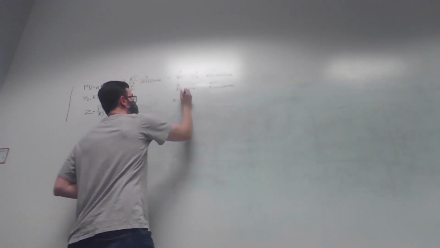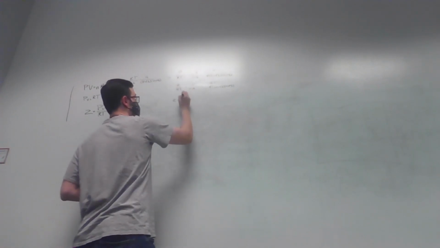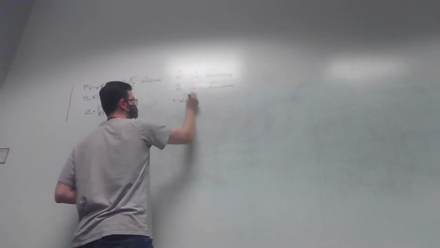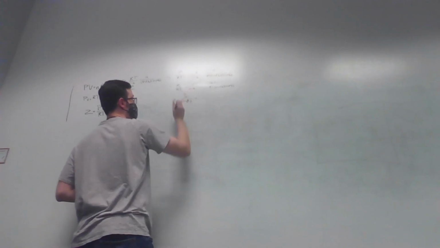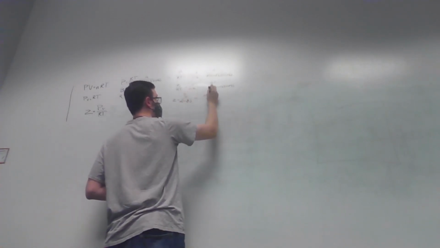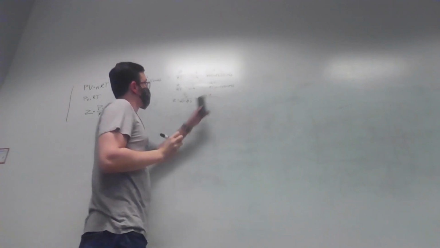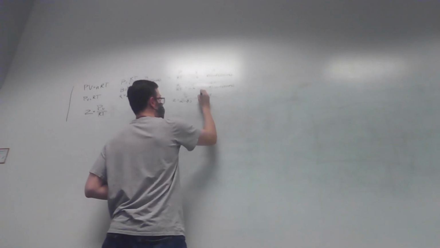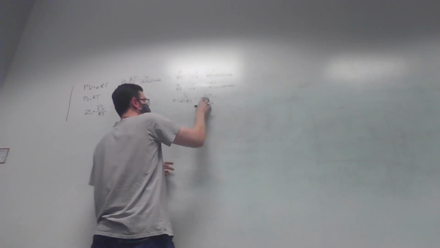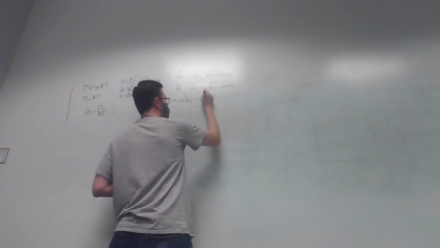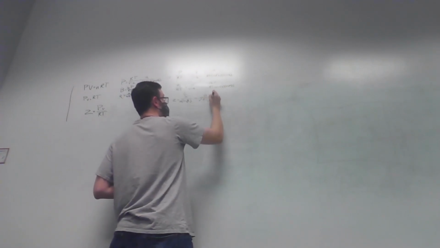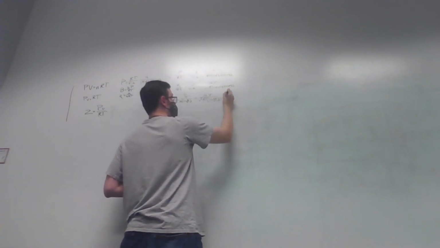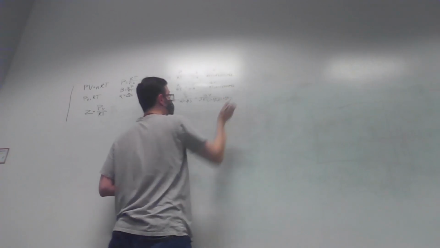Volume divided by volume over 1 minus b over volume, V's cancel out, minus a times volume over, factoring volume out from these two individually, volume squared times R times temperature, 1 plus epsilon b over volume, 1 plus omega b over volume.